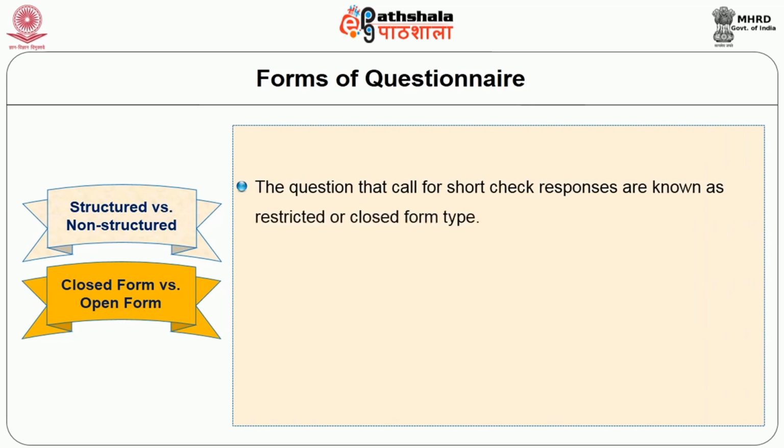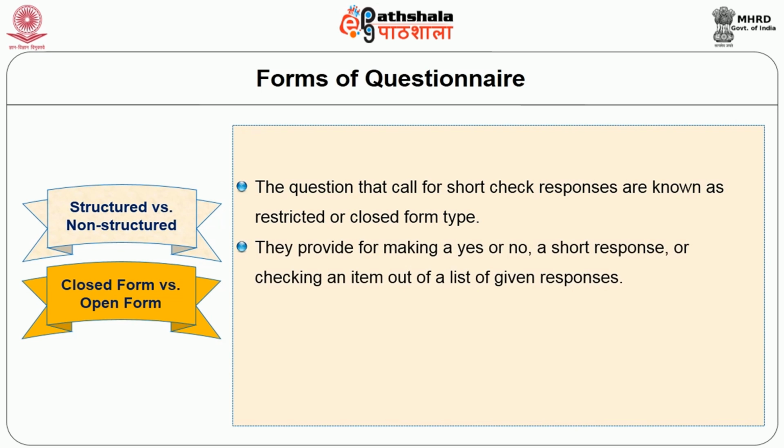Closed form versus open form. The questions that call for short check responses are known as restricted or closed form type. They provide for making a yes or no answer, a short response, or checking an item out of a list of the given responses. It restricts the choice of response for the respondent.